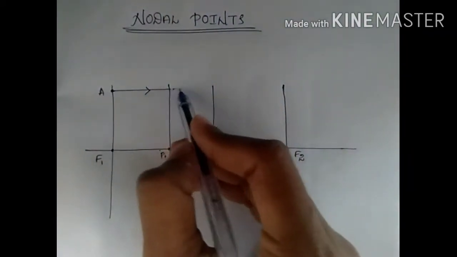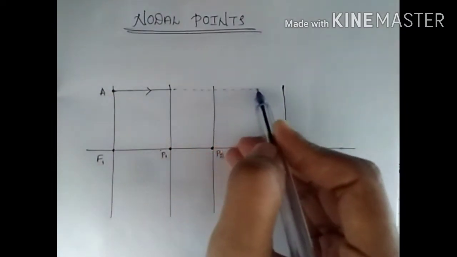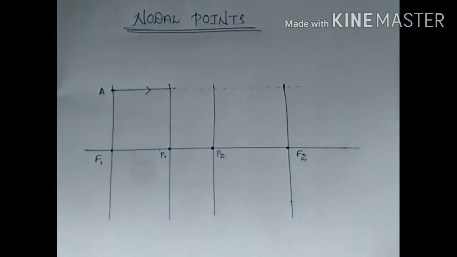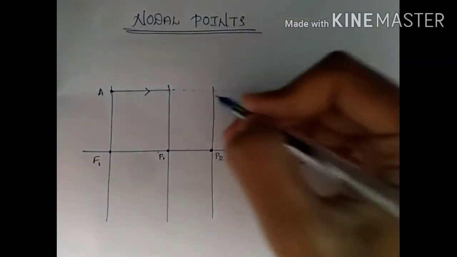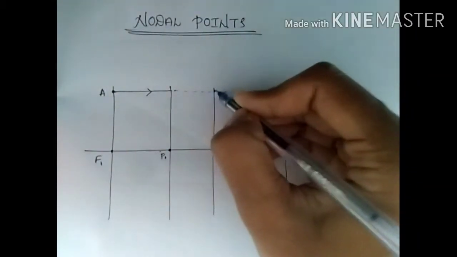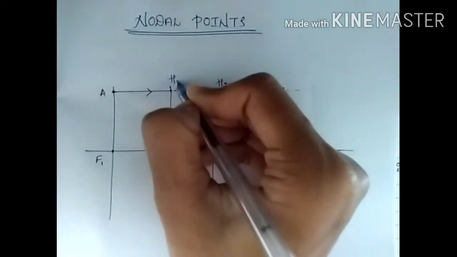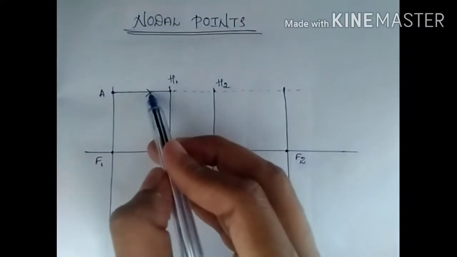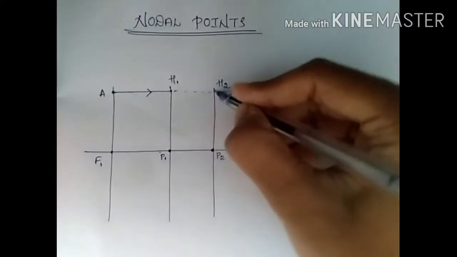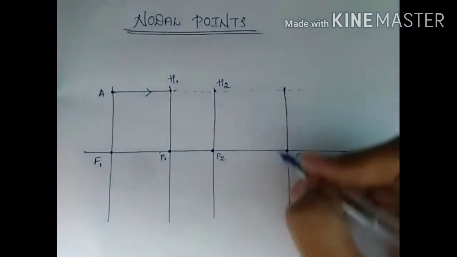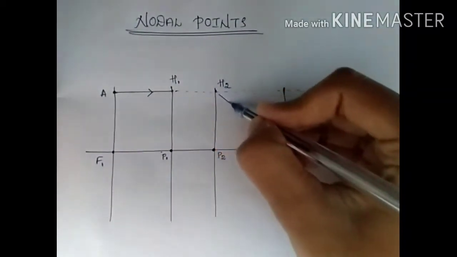This ray will emerge out from the second principal plane and pass through the second focal point. This is the second principal plane H2, and this is the first principal plane H1.